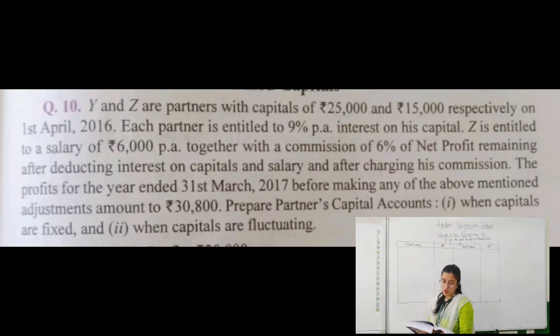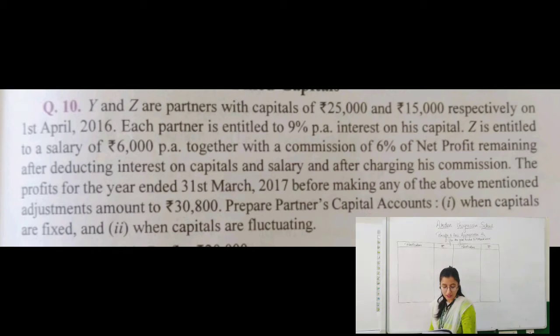The question is: Y and Z are partners with capitals of 25,000 and 15,000 respectively on 1st April 2016. Each partner is entitled to 9% per annum interest on his capital. Z is entitled to a salary of 6,000 per annum together with a commission of 6% of net profit remaining after deducting interest on capital and salary and after charging his commission.